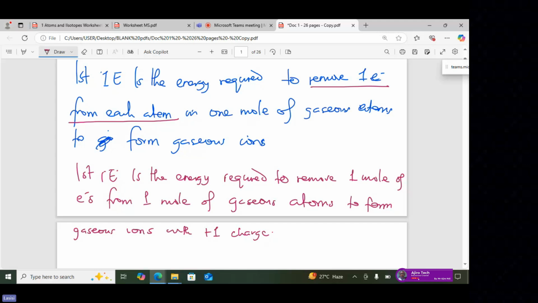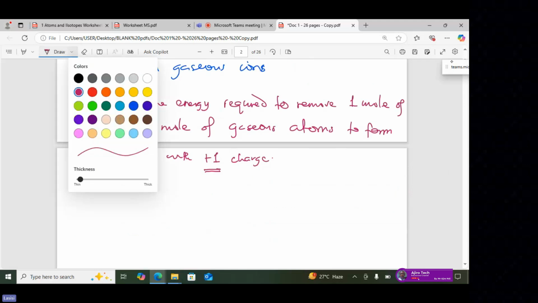So you say to remove 1 mole of electrons from 1 mole of gaseous atoms to form +1. What does it mean to form +1 charge? Each of them must have lost 1 electron. You agree to that? Yes. All of them form +1 charge. You can say they are correct. Okay.